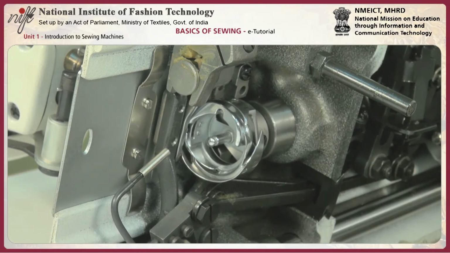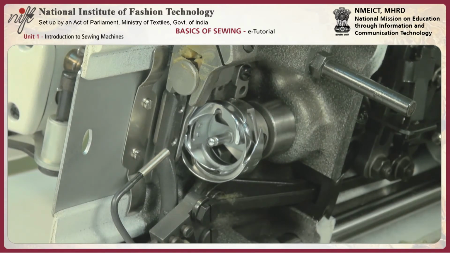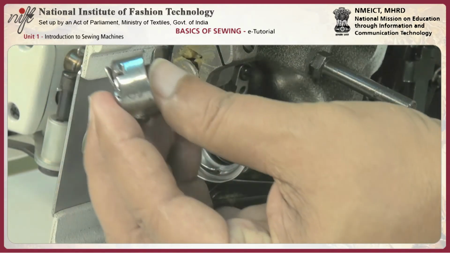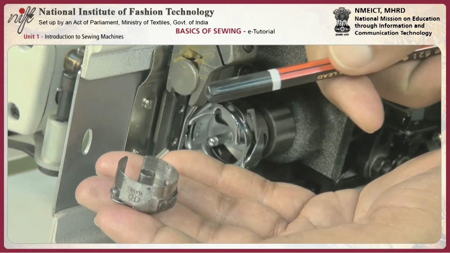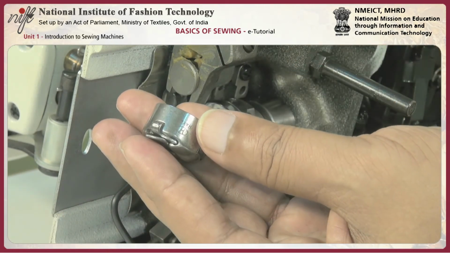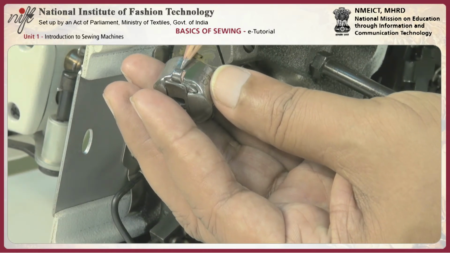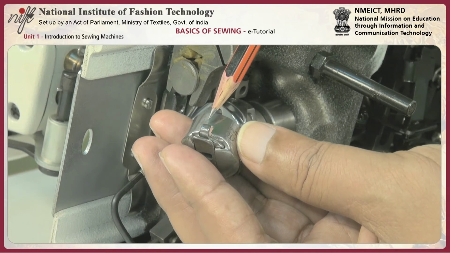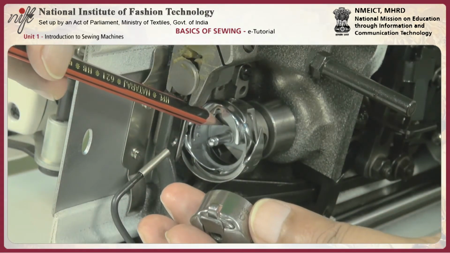How to fix the bobbin and bobbin case in this part? Look here, this is the bobbin case. This entire set is called the bobbin case, and there is a small knob visible on the top of the bobbin case, and there is a cut mark here.